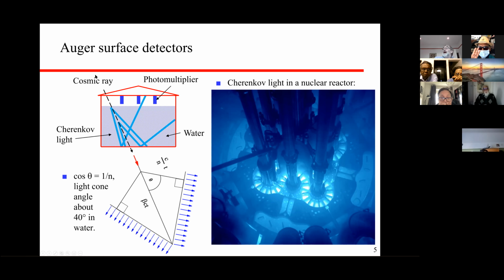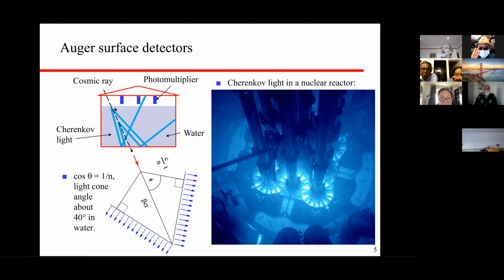But the cosmic ray particles, they don't slow down when they enter the water. So even if they're doing, say, 0.999 times the speed of light when they're passing through the air, when they hit the water, they keep on doing that speed, and therefore they're going faster than light does in water.